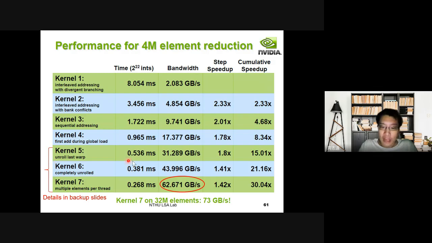There are a bunch of other optimizations that are too tedious. Just as a reference, basically you try to unroll the loops as we explained before when we talked about warp divergence, right?